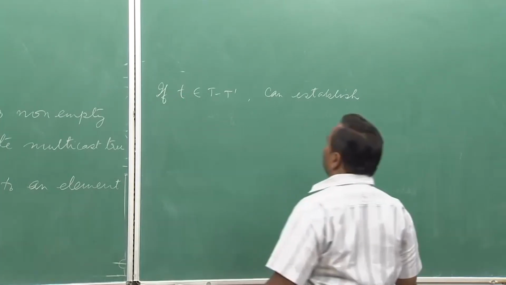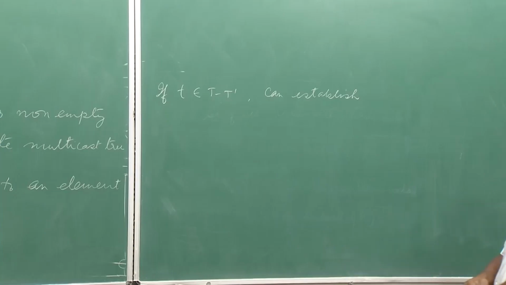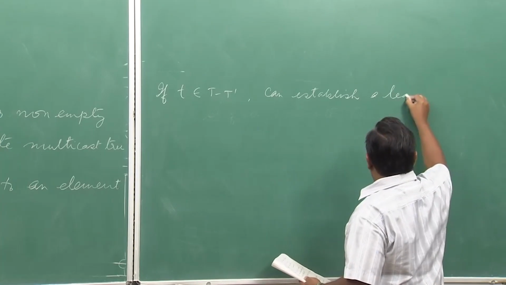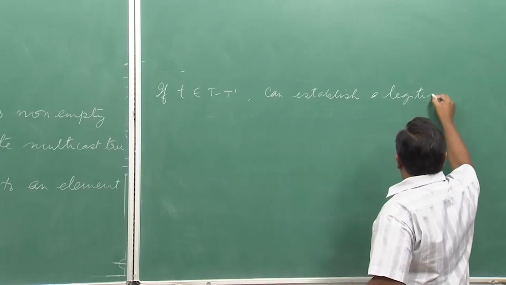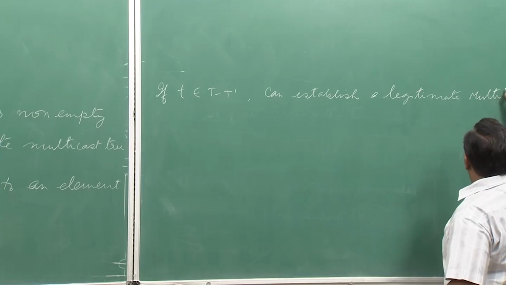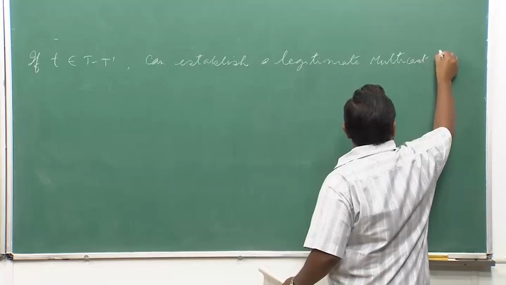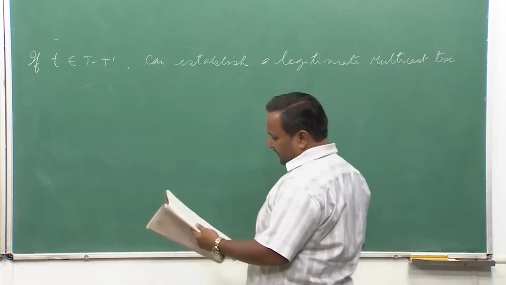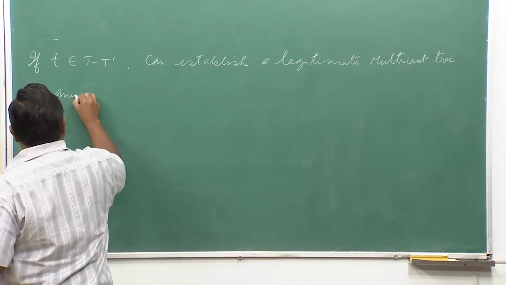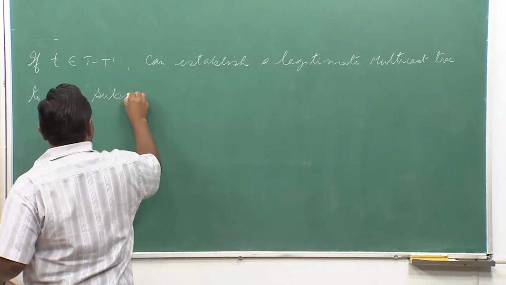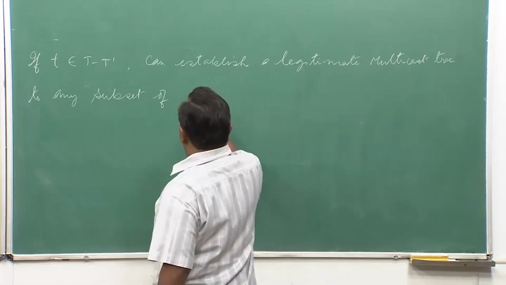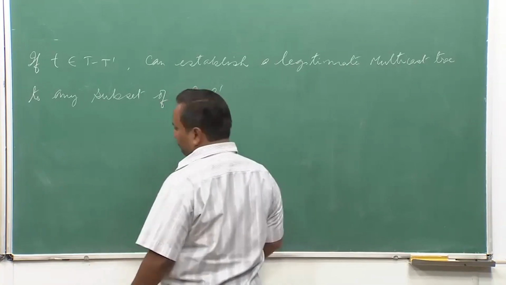If t which belongs to T minus T prime can establish a legitimate multicast tree to any subset of R minus R prime.